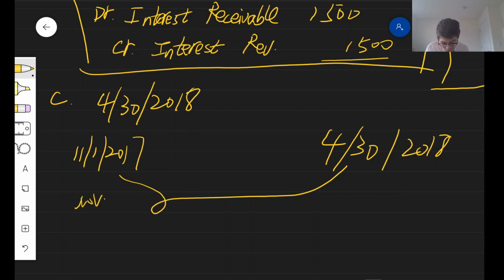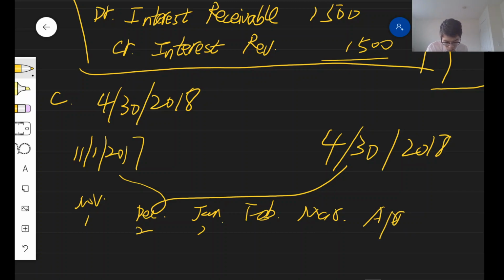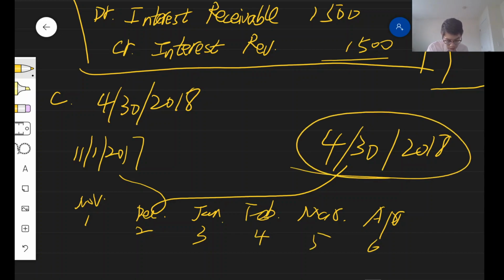November, December, January, February, March, and April. So 1, 2, 3, 4, 5, 6. On that date, the person has been using our money for 6 months.